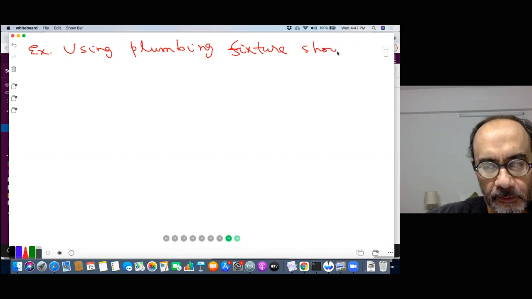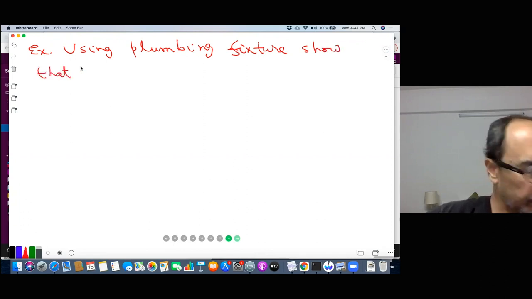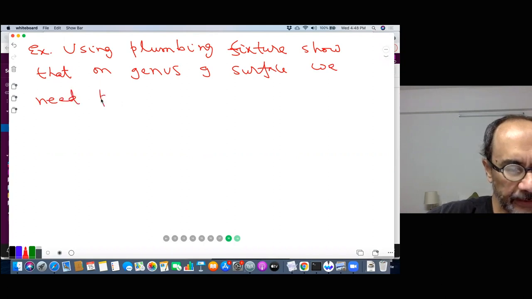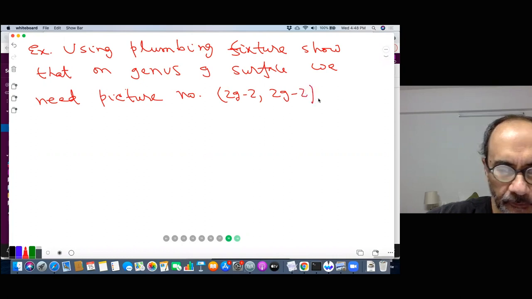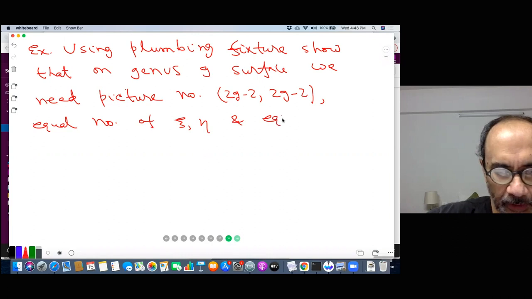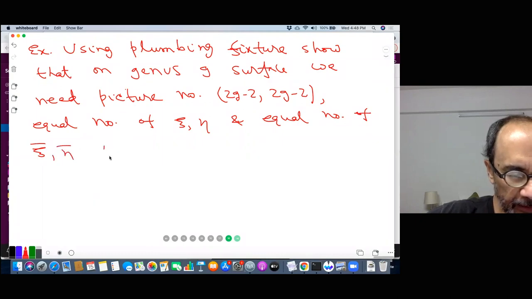So that on a genus g surface, we need picture number 2g minus 2, equal number of ξ η and equal number of ξ̄ η̄ to get a non-zero correlator.